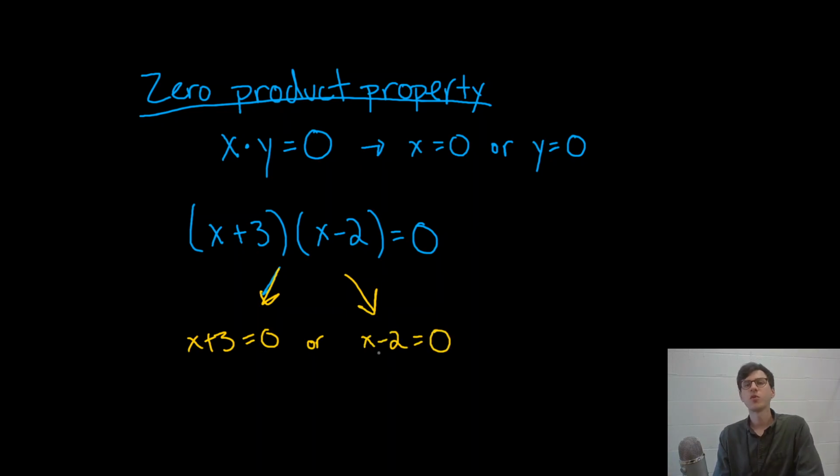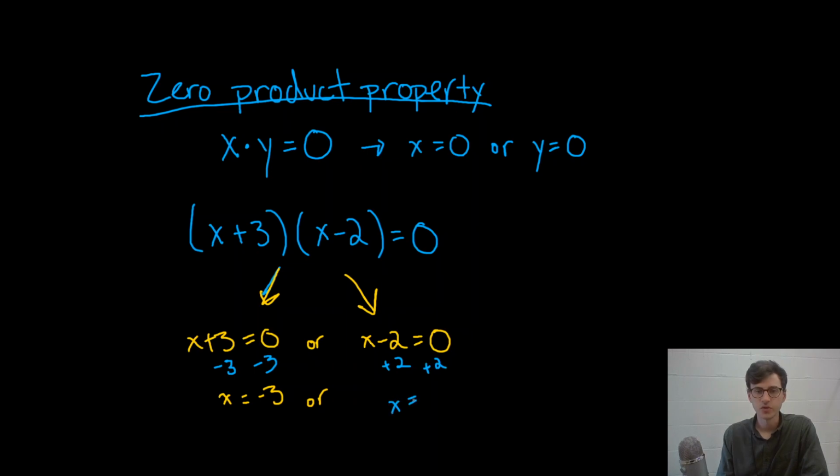And now we just have a simple equation to solve, right? So either we subtract 3 from both sides and say x is equal to -3, or we add 2 to both sides and we say x is equal to 2.